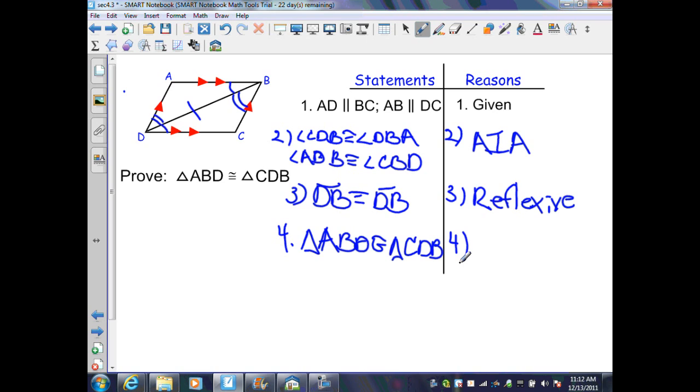And the reason for the congruency is angle, side, angle. And I know it's that theorem because DB is the included segment between the congruent angles. Therefore, that gives me angle, side, angle.